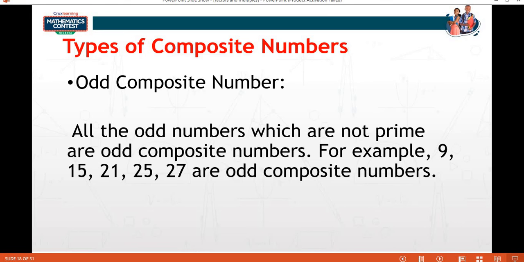All the odd numbers which are not prime are odd composite numbers. We have 9, 15, 21, 25, 27. They are odd composite numbers. Is that clear?